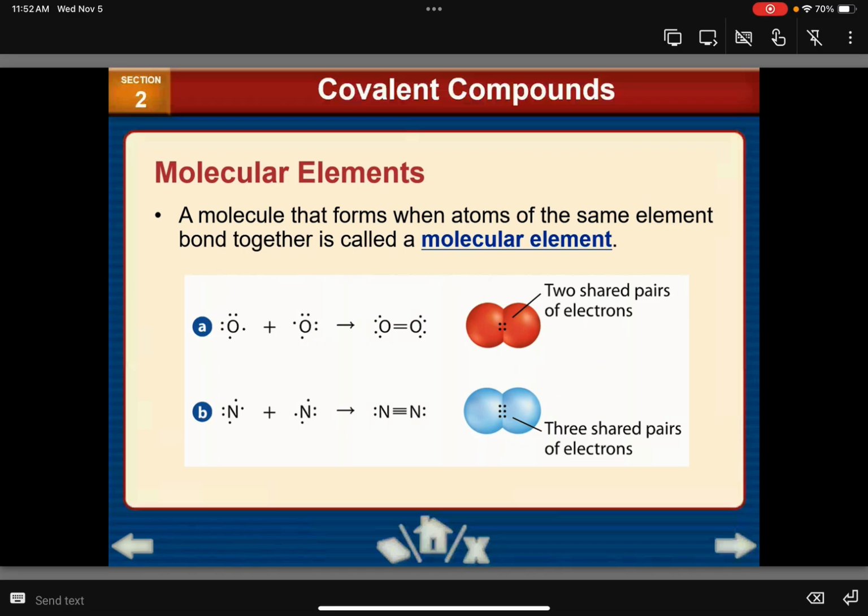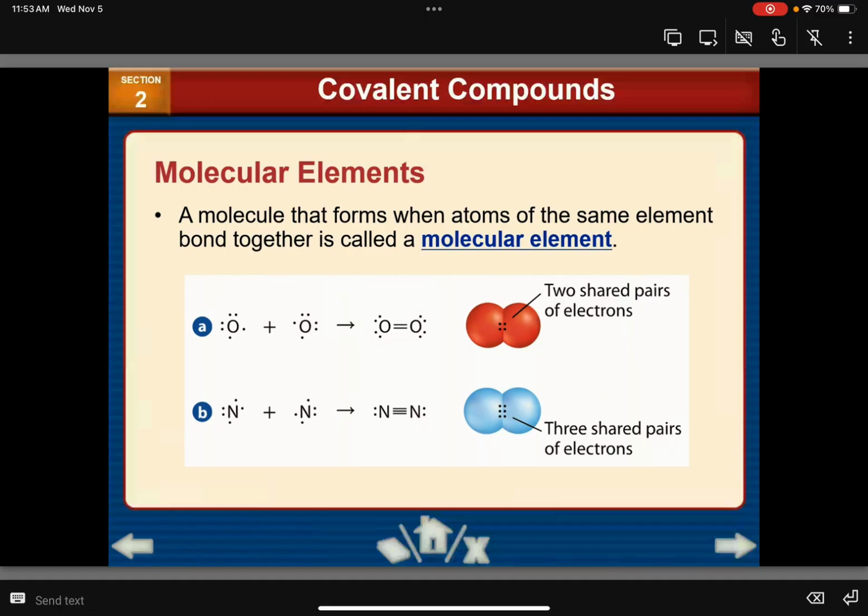So when we have the sharing of electrons then, a molecule that forms when atoms of the same element bond together is called a molecular element. In this case we have oxygen and nitrogen. So we have O2, N2. These are also those diatomic molecules, and I'm pretty sure I had you mark them on your periodic table.